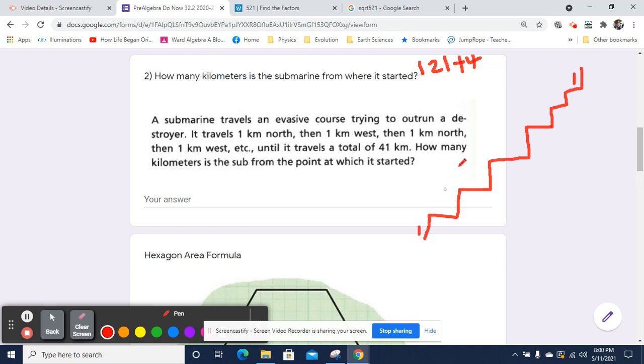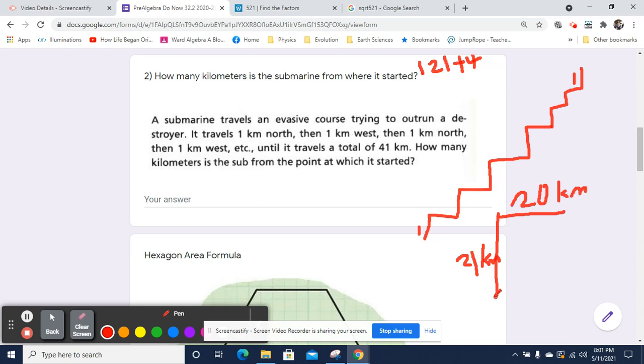So it's going to be 21 north and 20 west. So we're going to ultimately, overall, have a triangle that is 21 kilometers north and 20 kilometers west.